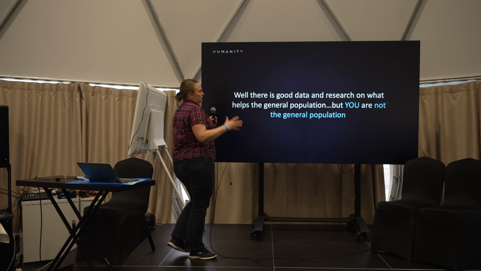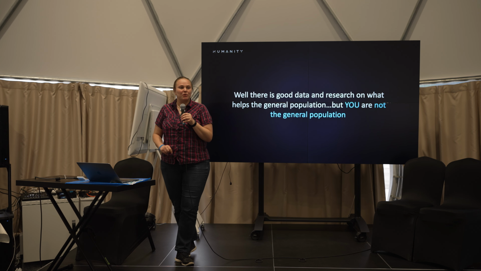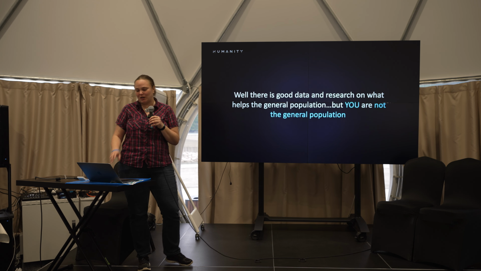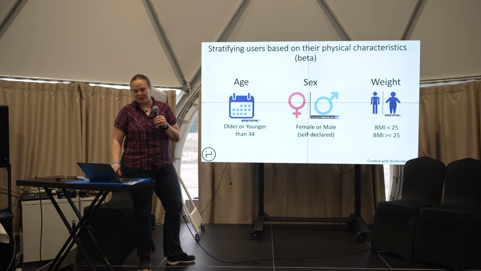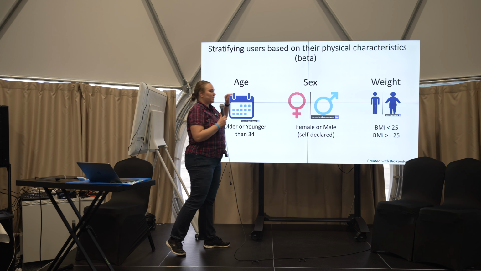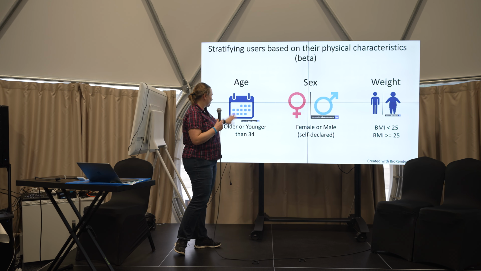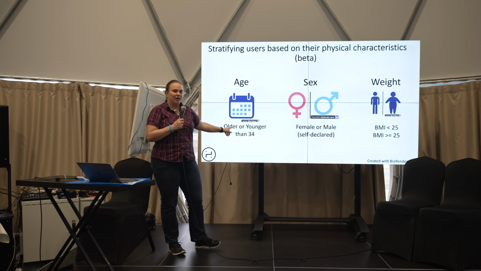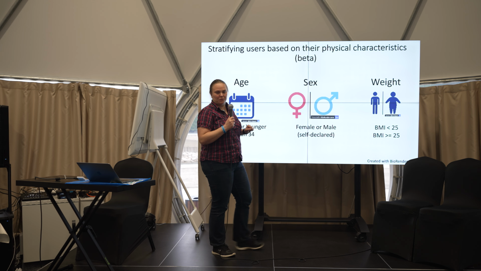There is good data, there is good research, we have improved our scores, but you are not the general population. Can we do better than that? Can we give recommendations for you personally? To do that, we did the following. We stratified our users based on their physical characteristics, and this is a current beta version. Age first: are you older or younger than 34? 34 because that's just the median age of our users.